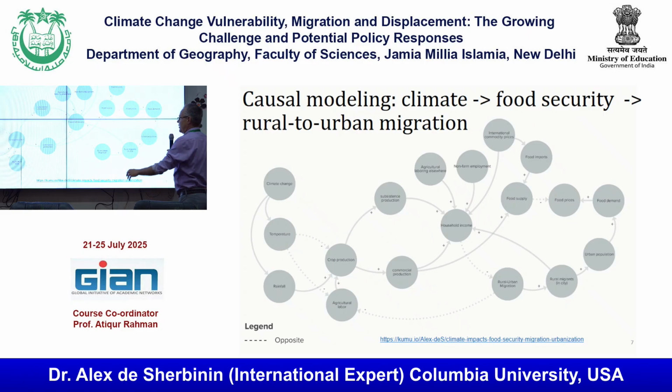And then I had a whole thing about where people might leave rural areas and go from rural to urban areas. So as household income increases, you would expect rural to urban migration to decrease. But if it decreases over here, then you would see rural to urban migration increasing with more rural migrants to the city and more urban population and therefore more food demand over here.